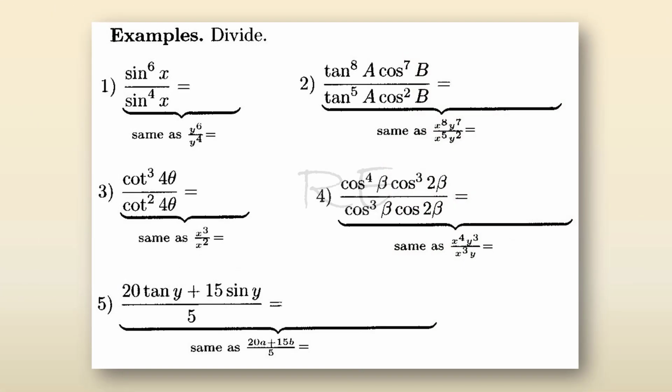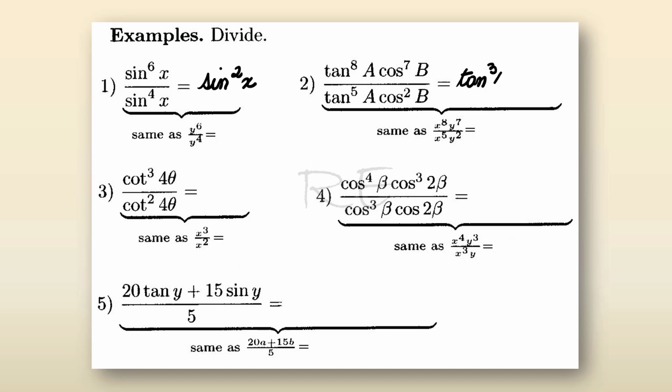To divide exponents with the same base, we subtract the exponent. We'll get sine 6 minus 4, which is 2. So sine squared x. 8 minus 5, which is 3.